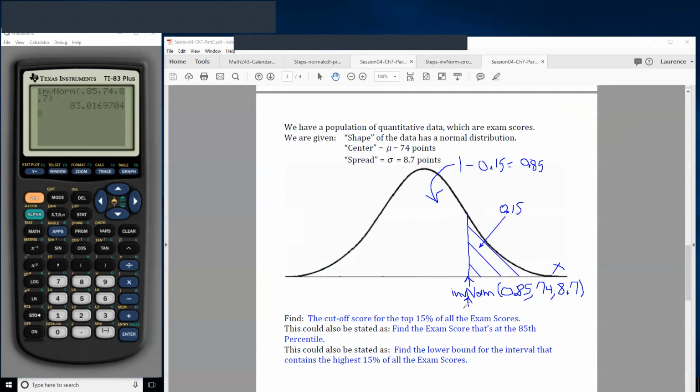If you want to say 83.02, you can. In fact, I will, 83.02. Now our general rule is go out at least 2 decimal places. I know I didn't on that previous one, but I wanted you to see how it matched up with that previous problem. Now I shaded into the right, so put your X over to the right.